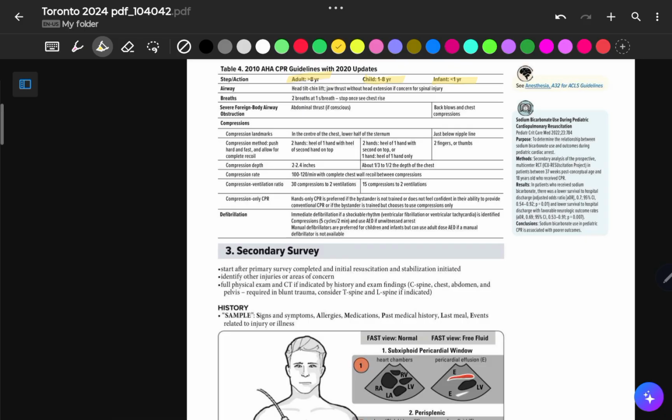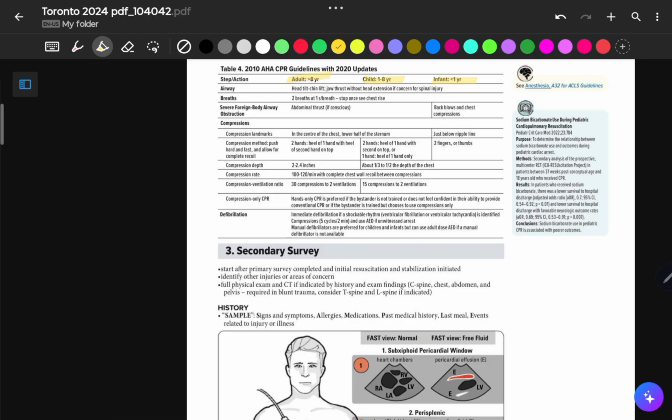That is for every age group. For adults above 8 years old, it's going to be 30 compressions to 2 ventilations, and below 8 years old it's going to be 15 compressions to 2 ventilations. Okay.